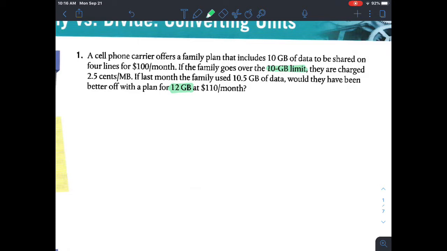Okay, the family's currently on 10 gigabytes, but they went over by half a gigabyte, and each megabyte that they go over is 2.5 cents. So we can't compare these two because megabytes is not gigabytes. We need to know how many megabytes are in 1 gigabyte.